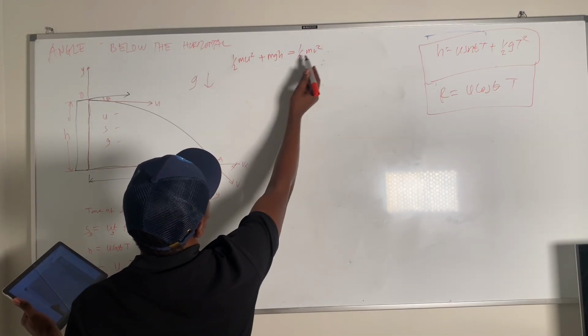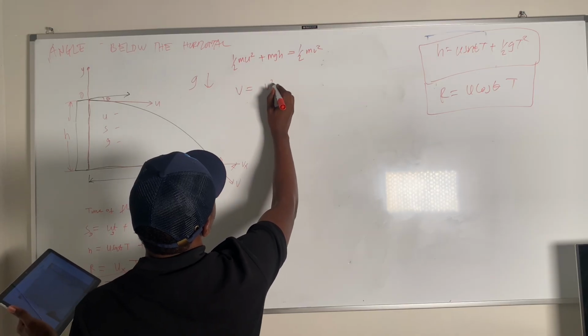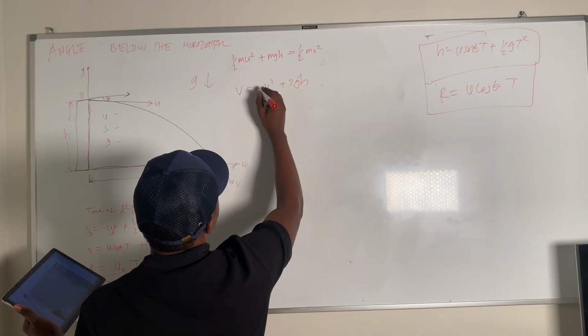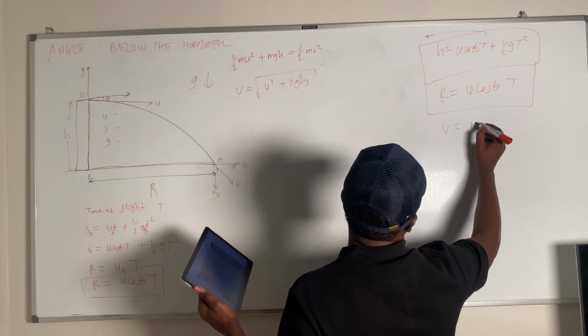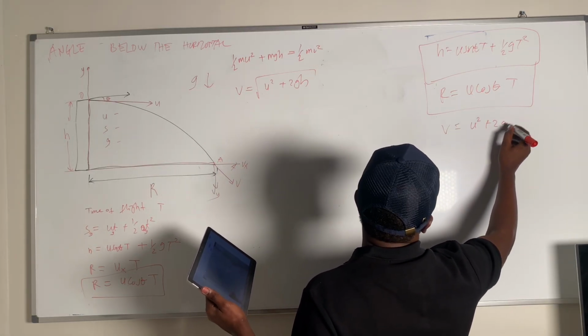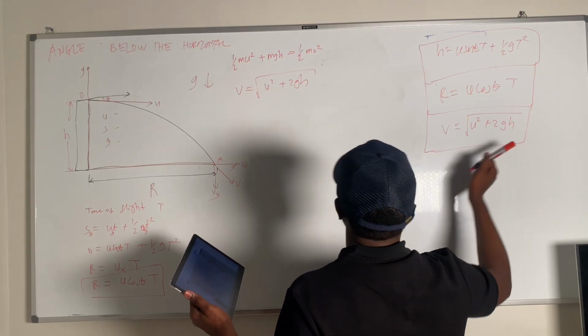So the mass cancels and we end up with v equals the square root of u square plus 2gh. This will be the expression for final velocity, in terms of height.